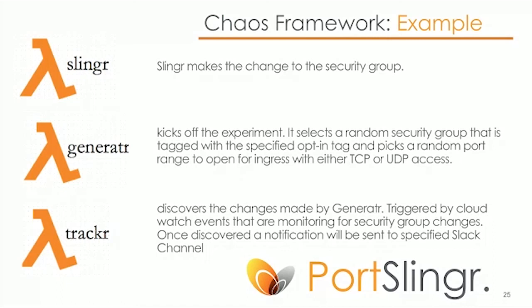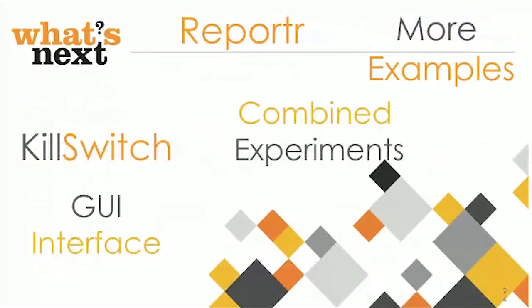So what's next? Now that we've talked about chaos engineering, security chaos engineering, what we're doing, and how the open extensible framework works, we have a lot of planned ideas. We would like to really focus on the data component of the tool.